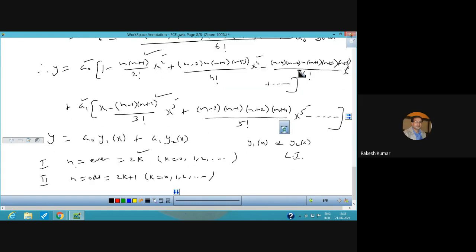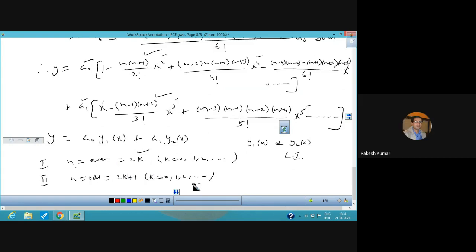Sorry, y1(x) in this case number 2 becomes infinite series or infinite function. But y2(x) में क्या है? x power 1, x power 3, x power 5 and last में x power 2k plus 1. So it will be a polynomial of degree 2k plus 1.